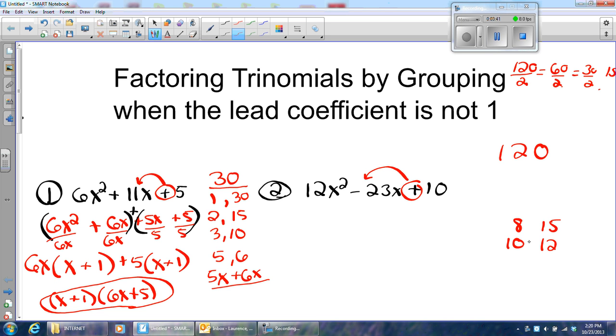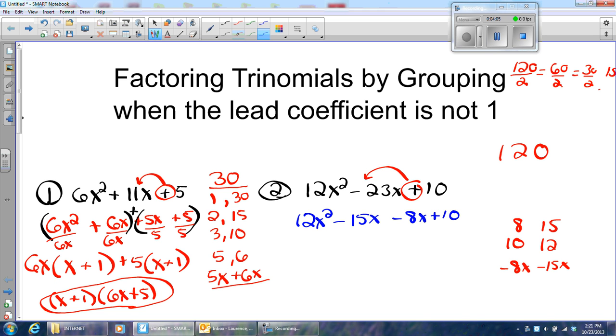Now I need negative 23 for an answer, so it'll be a negative 8x minus a 15x when I rewrite my problem. So let's go rewrite the problem. 12x squared, and I think I'm going to put the minus 15x there. I could put the minus 8x, and then I'm going to have a minus 8x plus 10.